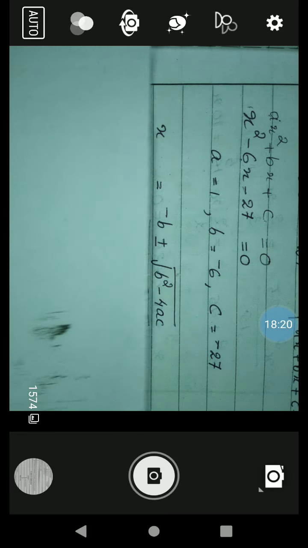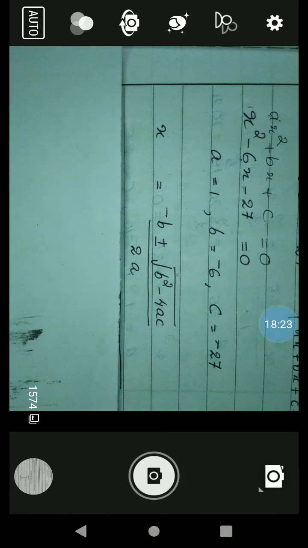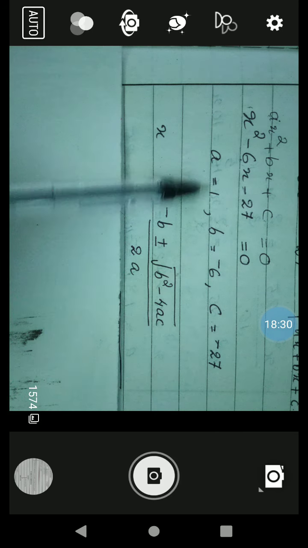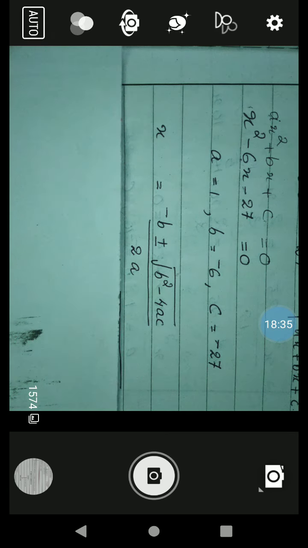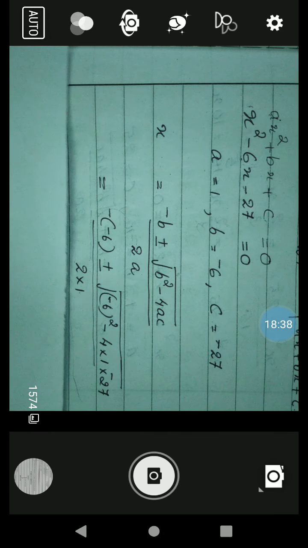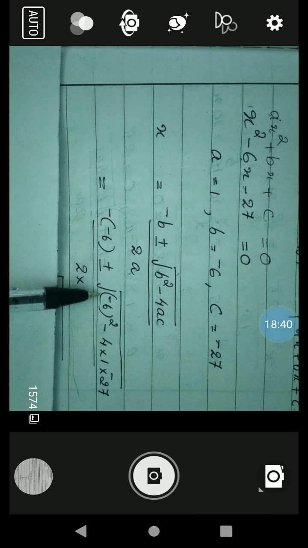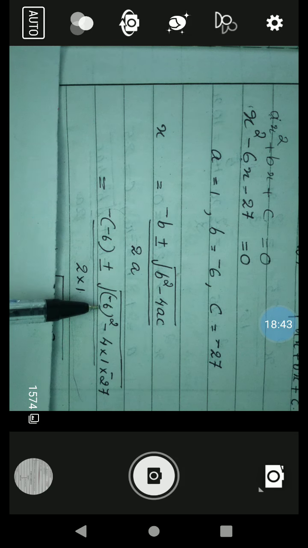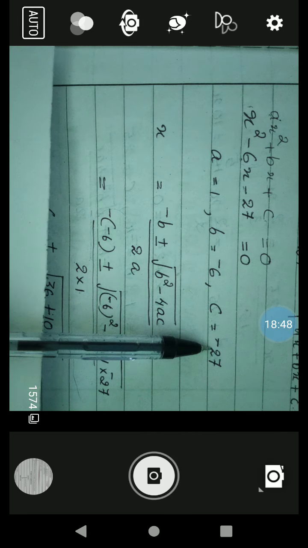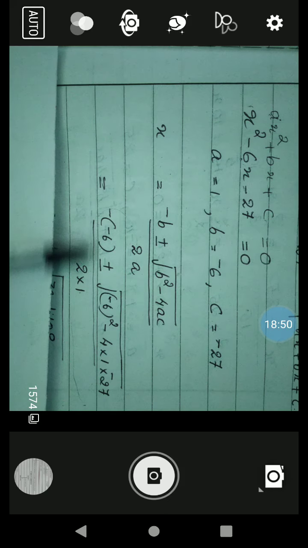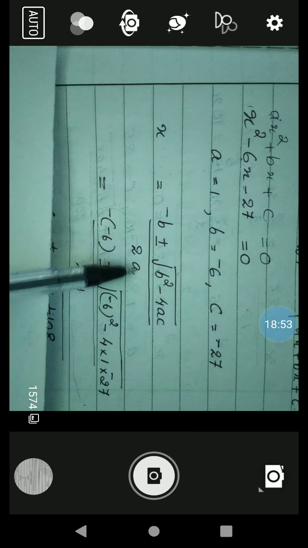First you have to write the formula. X is equal to minus b plus or minus root of b square minus 4ac by 2a. Now substitute all these values correctly in this formula. That is minus of minus 6 plus or minus root of minus 6 the whole square minus 4 into a is 1, c is minus 27, whole divided by 2 into a is 1.